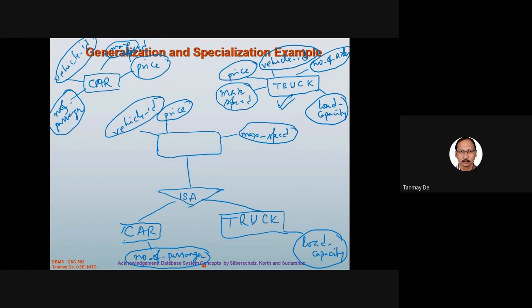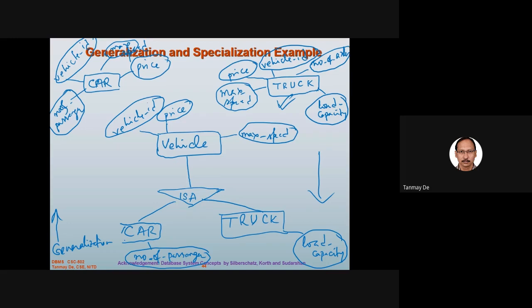If you think bottom-up approach, then this is a generalization. If we think top-down approach, then it is a specialization. So this higher level entity, suppose we give the name vehicle.